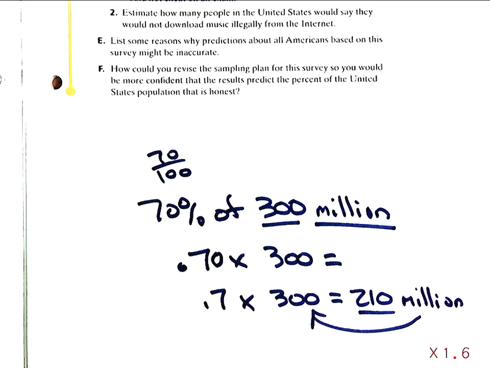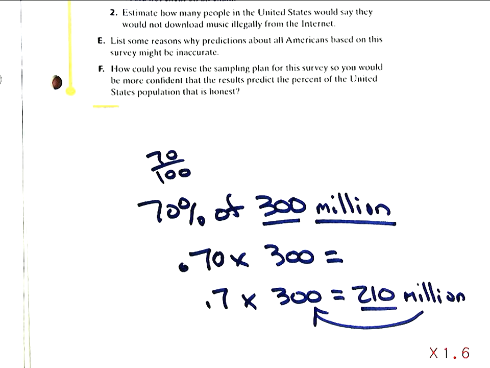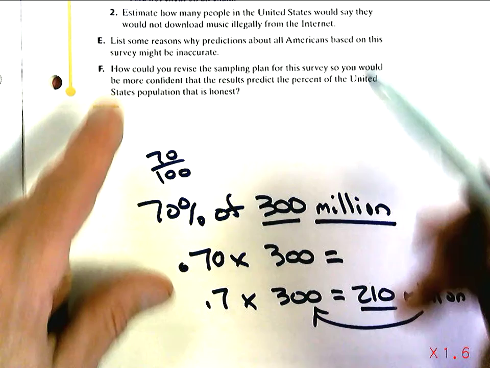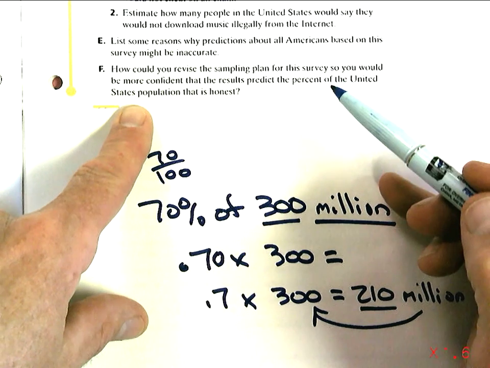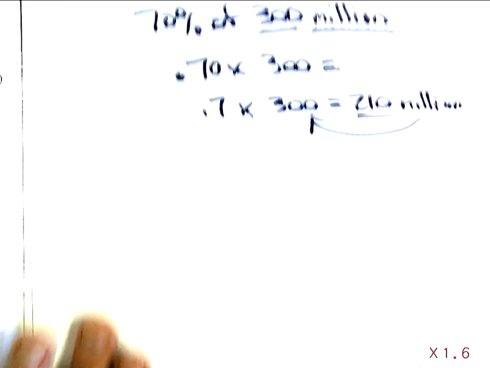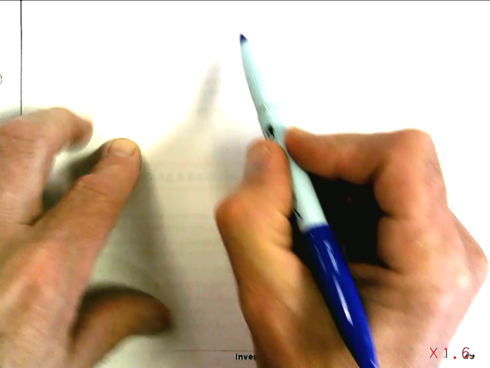And again, it's a very difficult process. It's one of the reasons why you get lots of phone calls from sampling groups all the time, because they're trying to do this. They're trying to get accurate results because they need to have a representative sample, which goes back to our original question when we started this lesson.